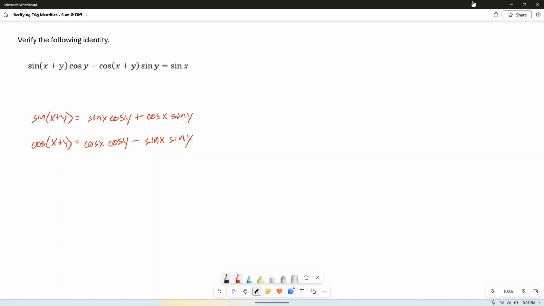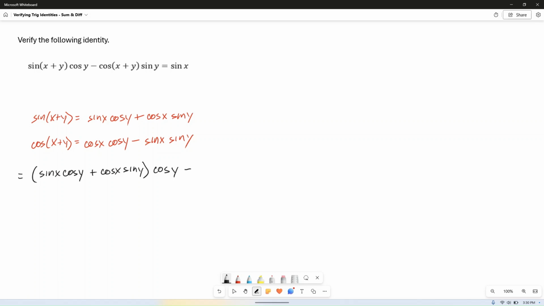So if we go through and do this, this is going to be kind of a long process, but I'm going to replace the sine of x plus y with this identity. And all of that is going to then be multiplied by the cosine of y. So I'm going to replace sine of x plus y as the sine x cosine y plus the cosine x sine y. All of that is multiplied by the cosine of y.